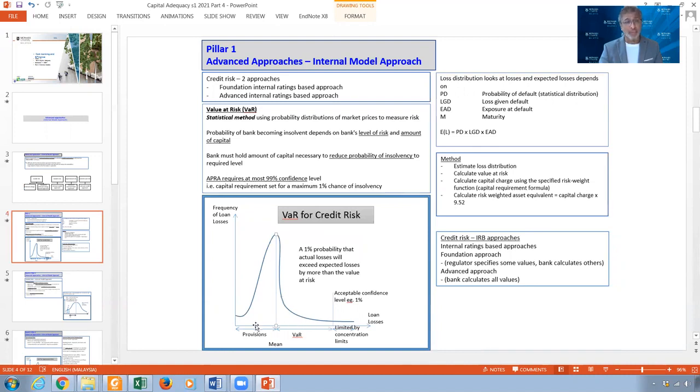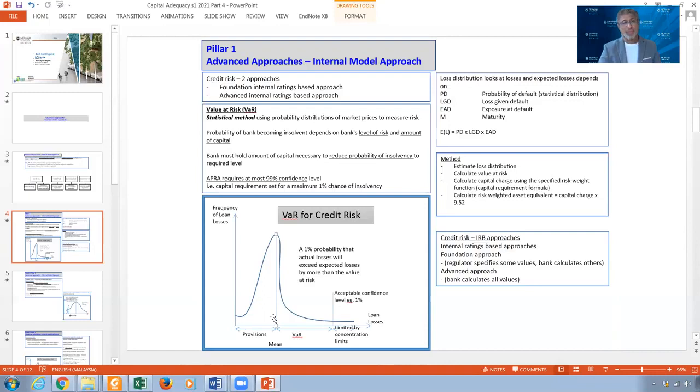So up to this area, which is the mean, this area is covered by our provisions. But from here to 99%, if you are taking a confidence of 99%, all of this is actually the capital you need. So if this is 15% here, part of it is covered by the provisions.